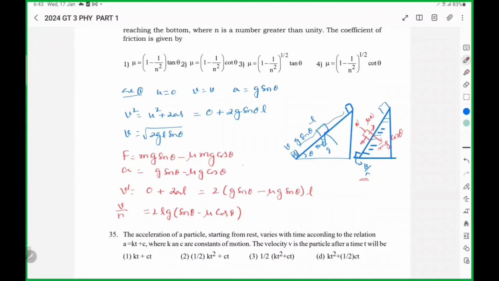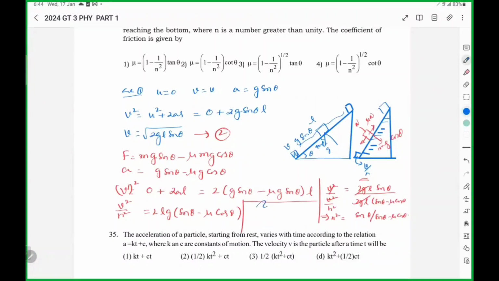now we have two relations. One is this. So dividing one with the other, v square by n square equals 2gl, n square is... here it is.